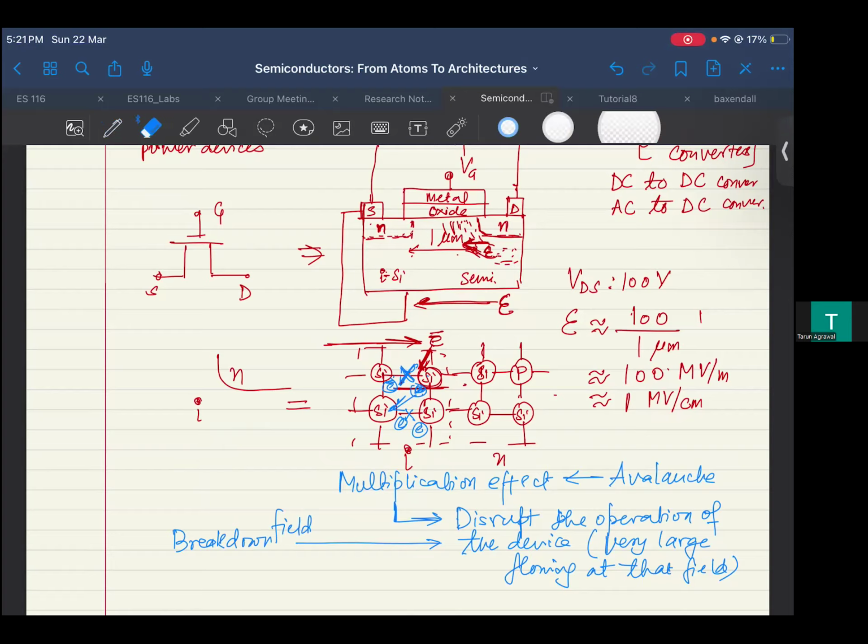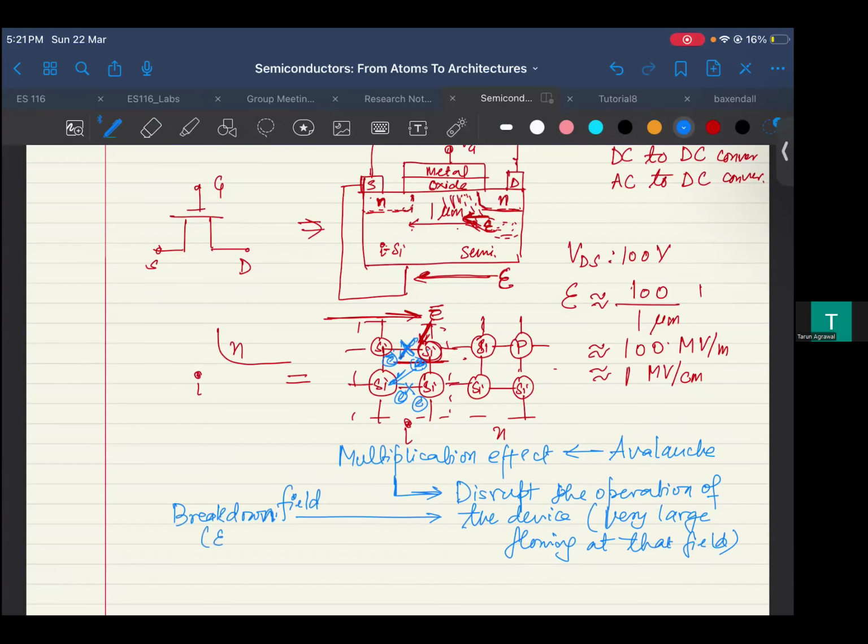One can calculate it. The voltage is the quantity which you apply externally, which results in a field, and this field is what results in this disruption. That is what we know as the critical electric field of these transistors or MOSFETs, which results in this avalanche or breakdown phenomenon, right?